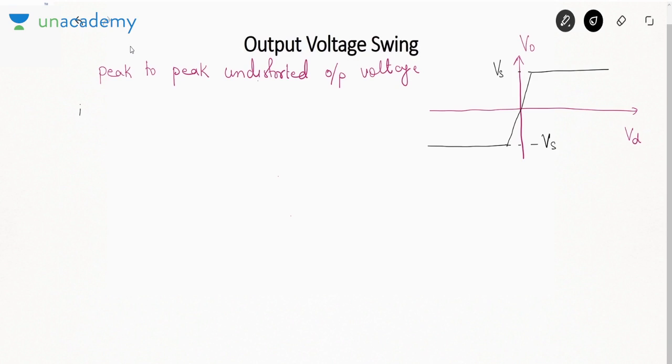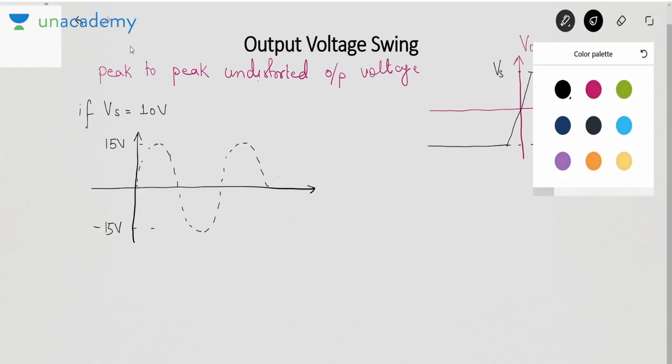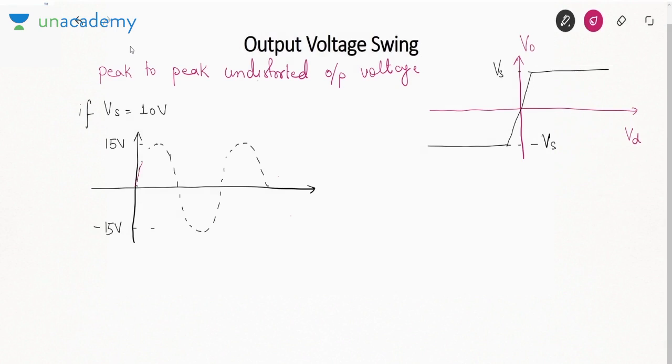Let me take an example. If Vs is 10 volt and your output voltage is like this, suppose up to 15 volt and minus 15, then we know it cannot exceed the supply voltage. Then what will happen? At 10 volt it will be clipped like this.